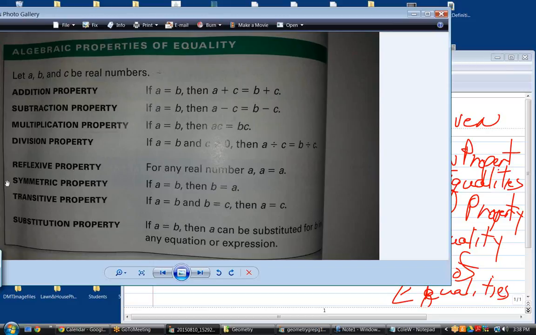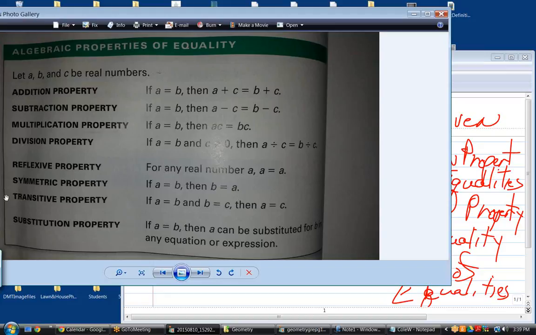Let's look at the next one, the symmetric property. If A is equal to B, then B is equal to A. Again, almost seems self-evident. The transitive property. It's a little different.